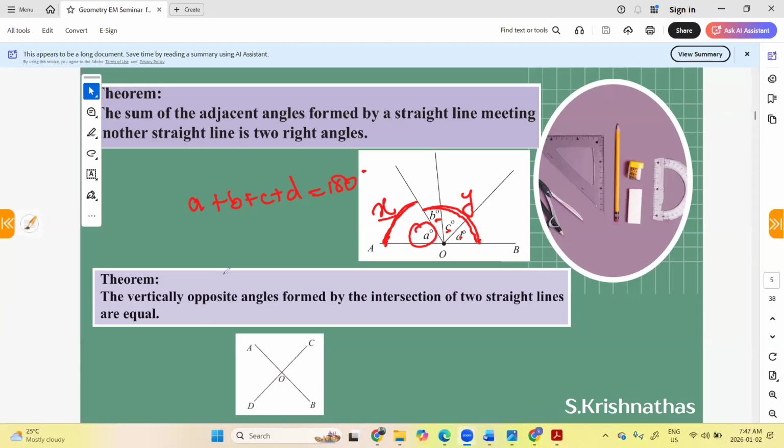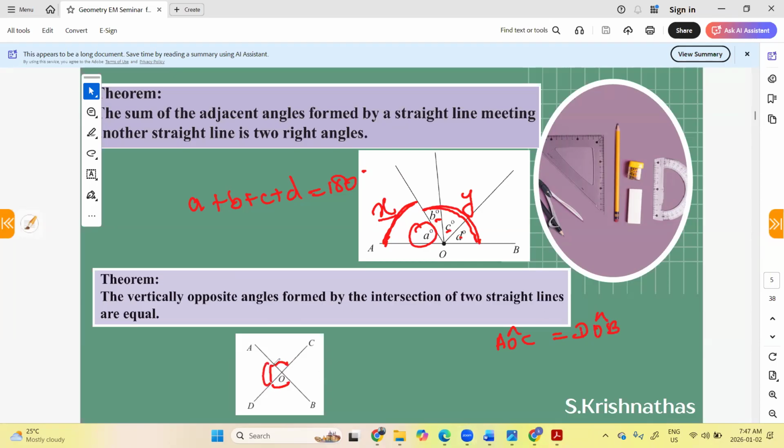Next theorem. The vertically opposite angles formed by the intersection of two straight lines are equal. Here, that means this angle equal to this angle: AOC equal to DOB.